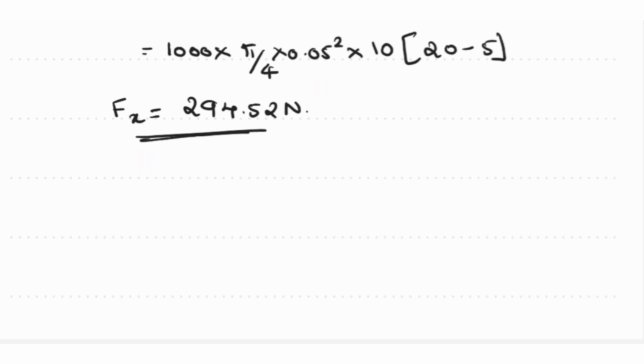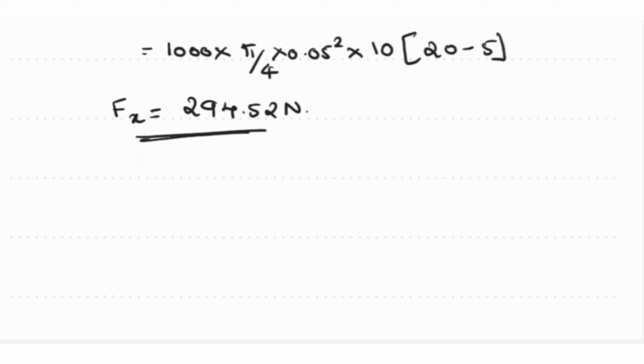So cos of 60 degree is equal to U2 is 10, VW2 we need to calculate, and VR2 is also 10. So we should calculate what is VW2. So VW2 is equal to 5 meter per second.